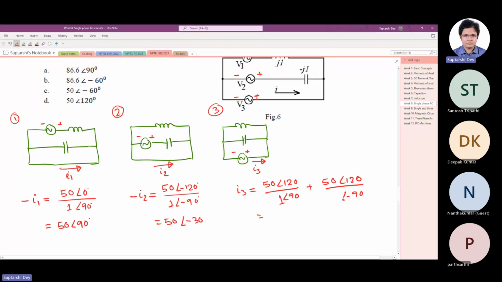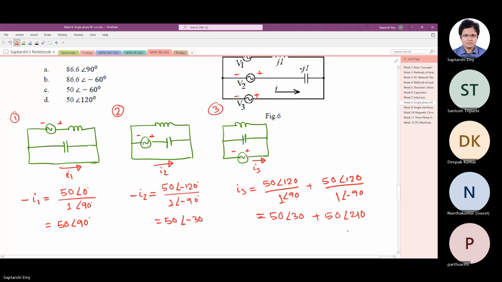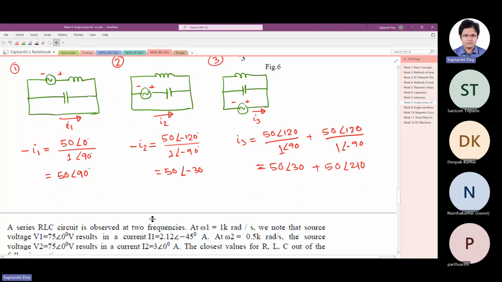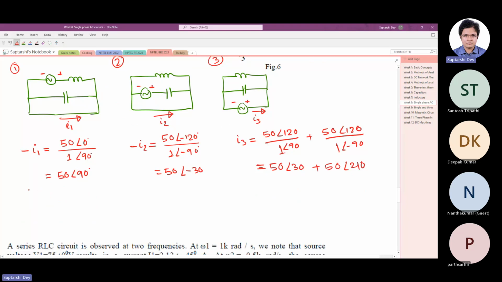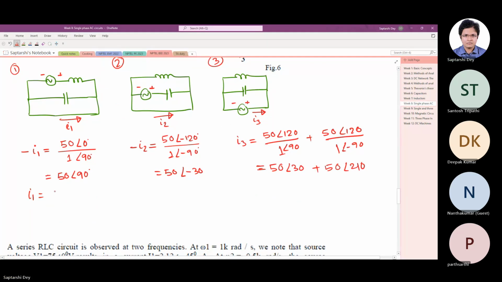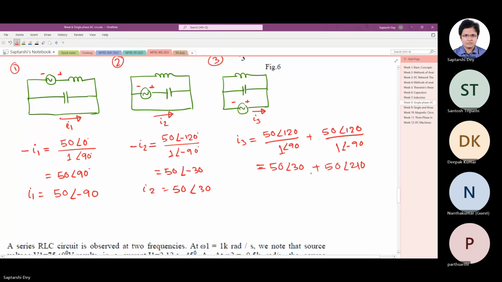So that gives us 50 angle 30 plus 50 angle 210. Right. Now, what is I1? I1 is 50 angle minus 90. I2 is 50 angle 30. And I3 is I3.